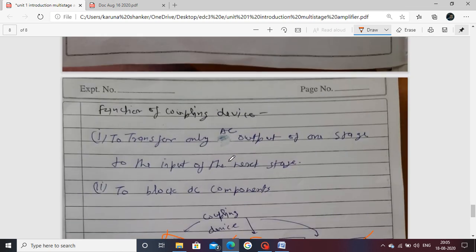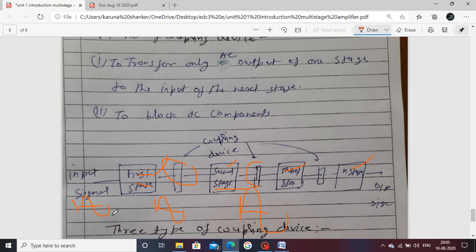The purpose of coupling devices, you see here, is to transfer only the AC output of one stage to the input of the next stage. AC output means this is the AC waveform. Your input signal is an AC type waveform. This is amplified to the next stage. Also, the function of the coupling device is to block the DC component. The purpose of an amplifier is to amplify the AC signals.